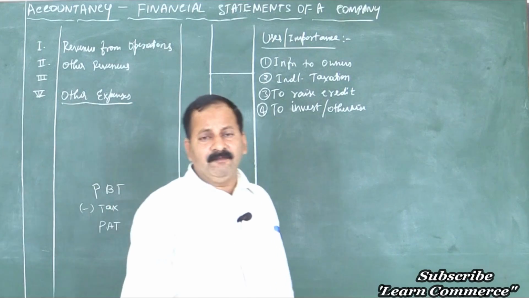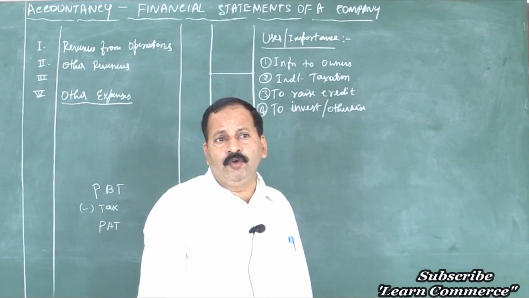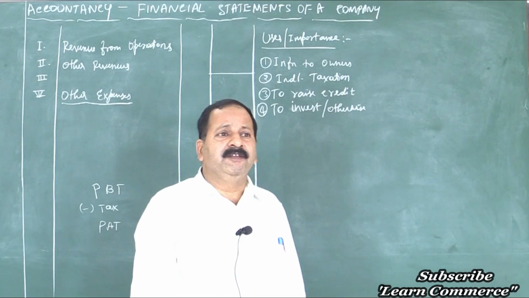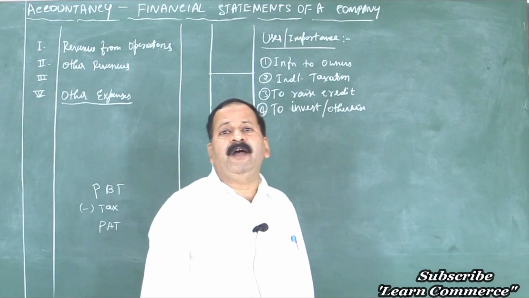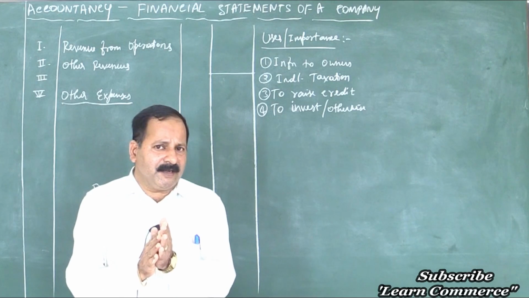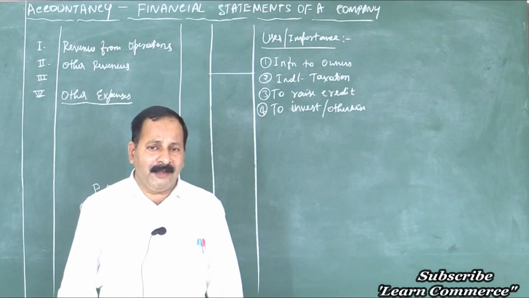Whether anyone is ready? No, never. Isn't it? Someone is very poor, he has no money with him, no income, whether you will provide a loan to him? No, because you know that there is no repaying capacity with the person to whom you are giving the loan. But someone is very rich, having enough money, isn't it? Immediately you will lend the loan, isn't it?